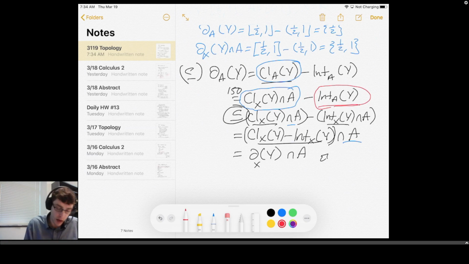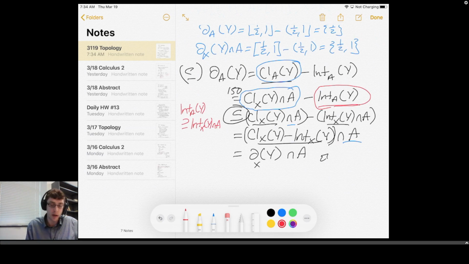And so here I know that the interior of Y and A may contain, strictly or not, so contains at the very least, this guy. And so if I subtract it, I am subtracting at least as much.